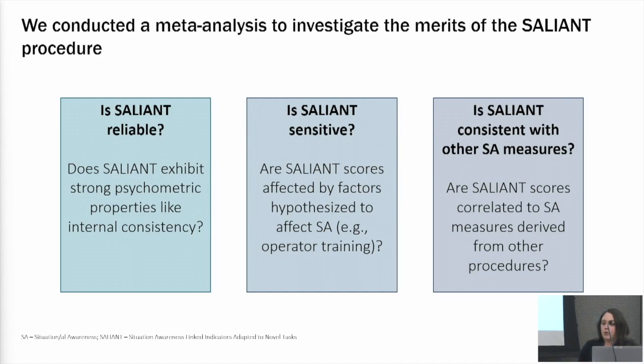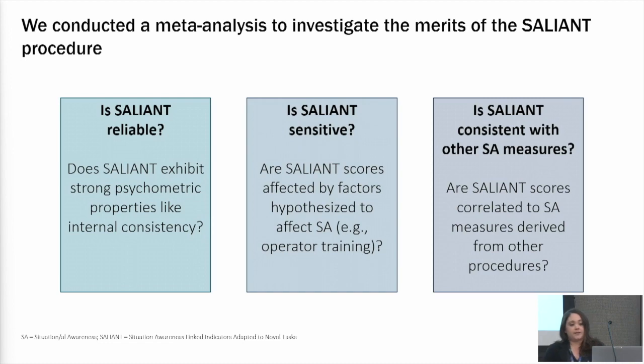We also wanted to know whether SALIANT is sensitive. That is, we know that certain factors affect situation awareness. So people who have more training tend to have an easier time maintaining situation awareness than people who have less training, right? So if we used the SALIANT procedure, knowing that we have differences in a factor such as operator training, we should be able to detect the effect of that operator training factor if one does in fact exist.